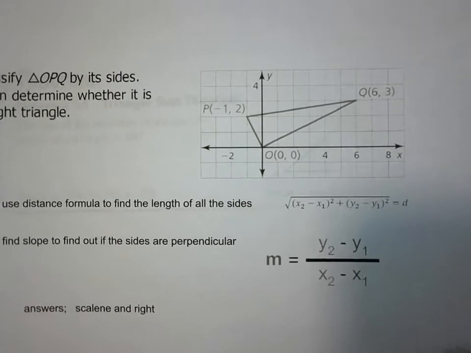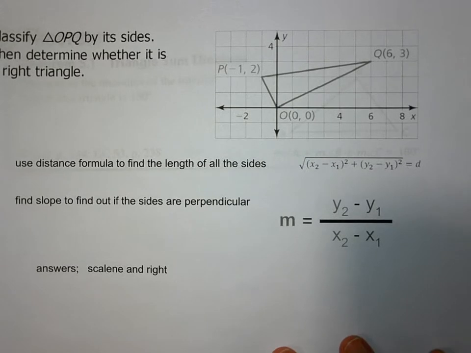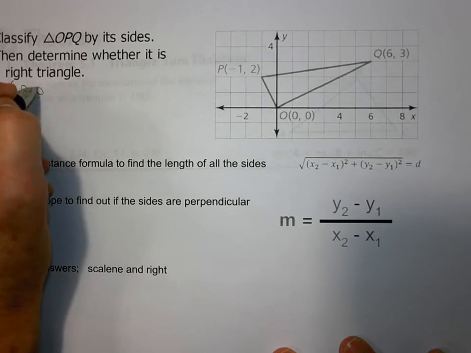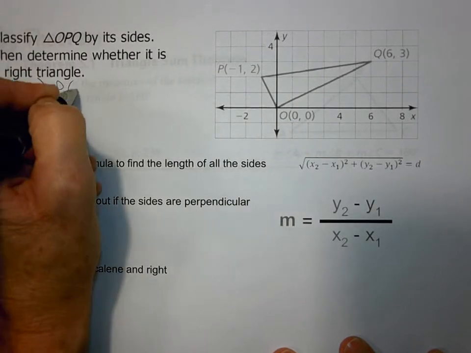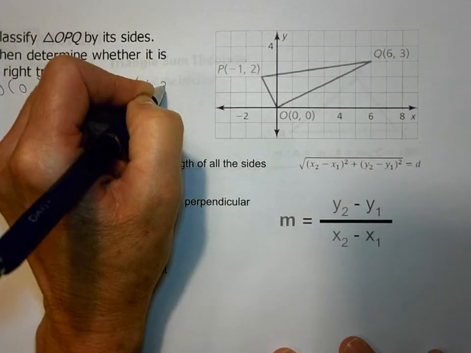Okay, if you take a look at our example here, we're classifying triangle OPQ by its sides and then deciding if it's a right triangle. That means we're going to have to use both the distance formula and slope. I have them both listed for you. So we have O at (0, 0), P at (-1, 2), and Q at (6, 3).